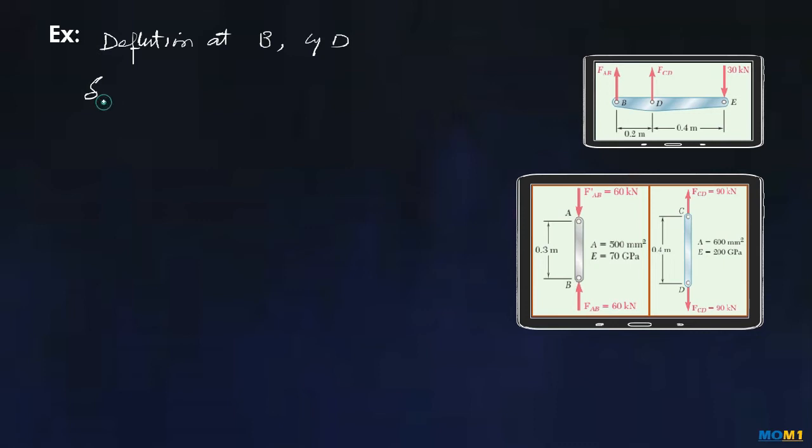Instead of writing AB, I am just writing this B. So again using the same expression, PL upon AE.